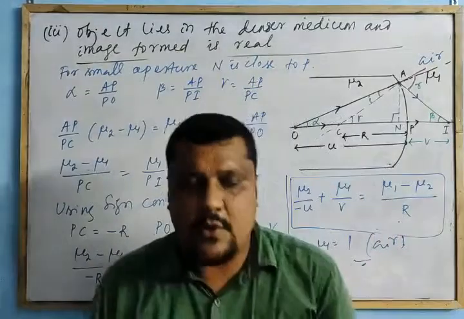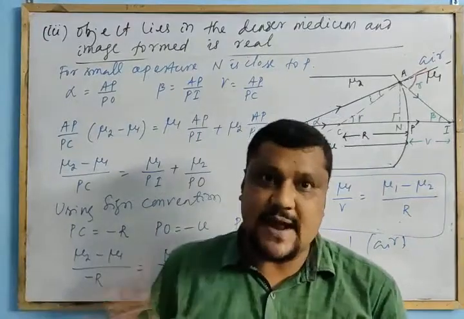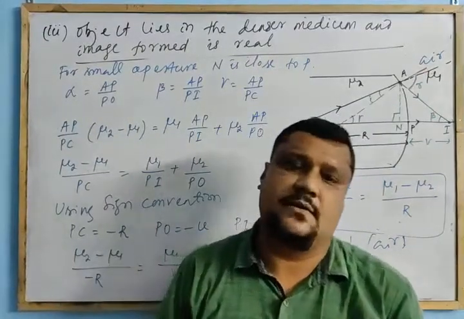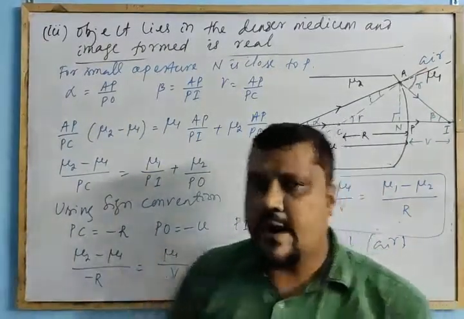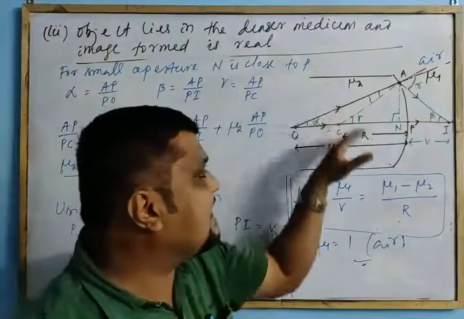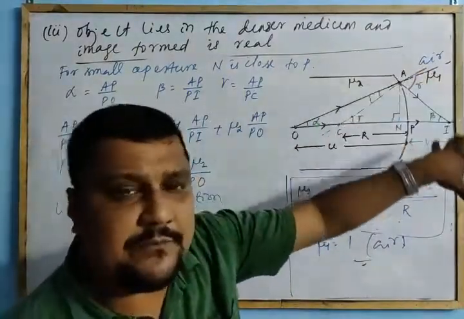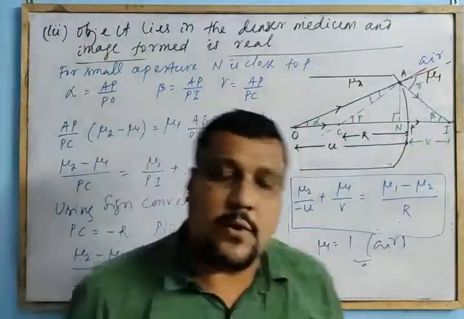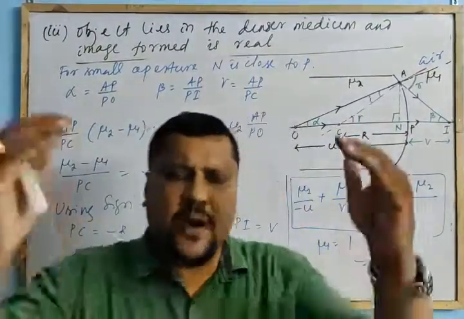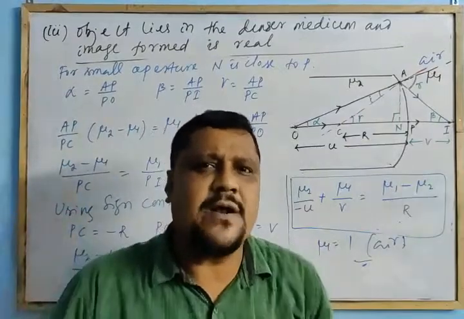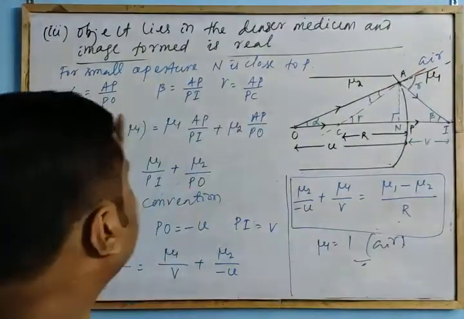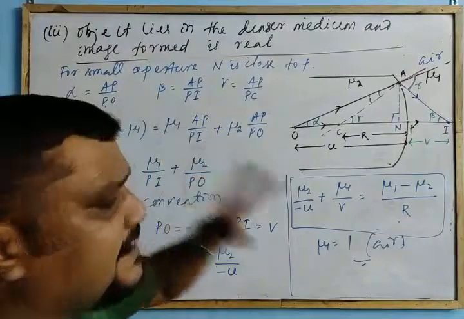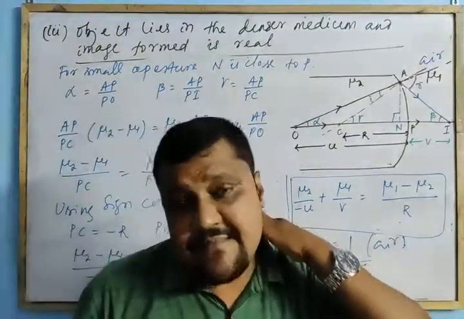In that way we will discuss all the 6, and each one is a long question. Go through the video, and remember while discussing that you draw this ray diagram in your notebook so that you can understand. The procedure and writing are the same for all. Only the change is alpha, beta, gamma, where mu1 and mu2 are changing. Okay, thank you.